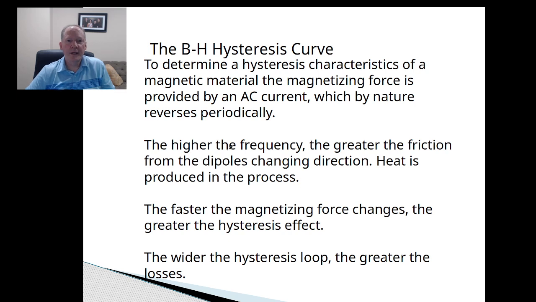All right. Now, in the hysteresis characteristic of a magnetic material, the magnetizing force is provided by an AC current, which by nature is reversing periodically. It goes positive, goes negative, plus minus, plus minus. So it's constantly changing, and remember that the rate of change is known as the frequency.